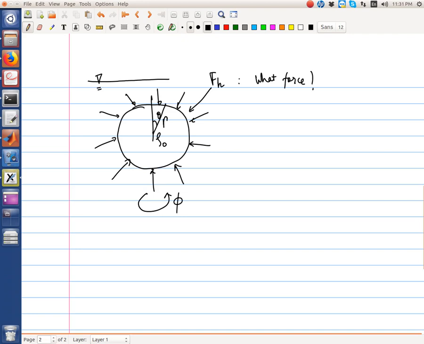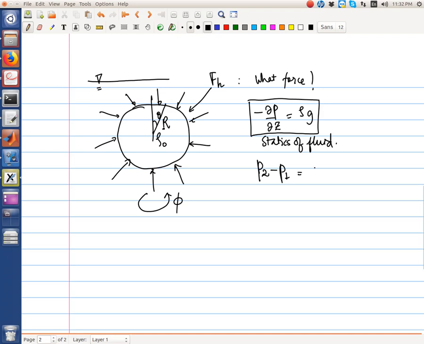So let's say the radius is r. So please derive an expression for this, and you have to make use of the elementary formula that minus del p del z is rho g. This is from the statics of the fluid. And so P at any location minus P at some other reference location is equal to rho G Z1 minus Z2.